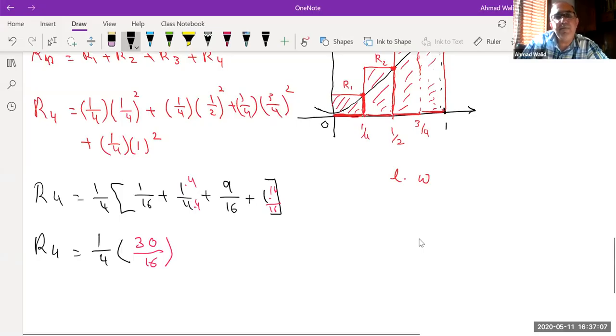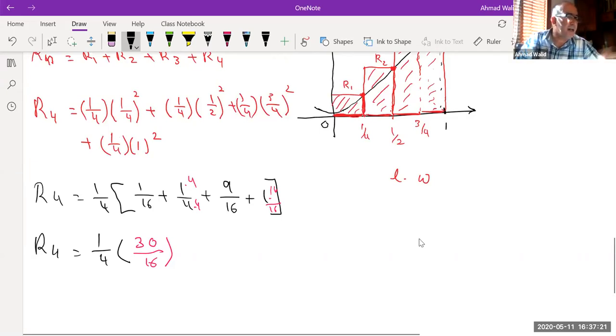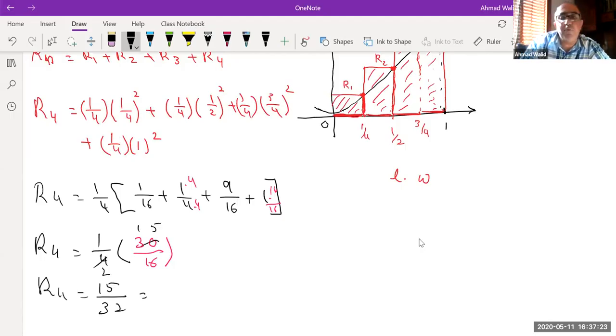Let's simplify. R4 equals 2 times 15 times 15 over 32. Which if you divide using your calculator, you will end up with 0.4685, a number like this.